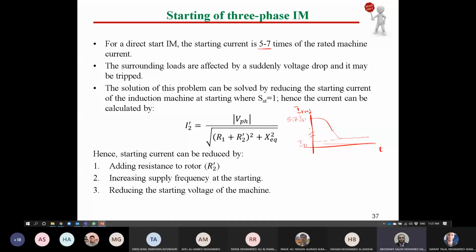So this is the shape of the RMS current, not instantaneous. The time up till here we call transient. This period represents the transient time, and the period starting from this instant is called the steady state.